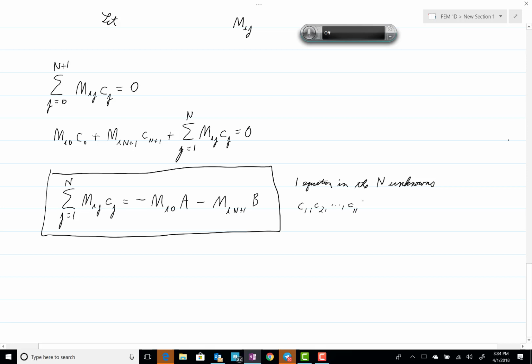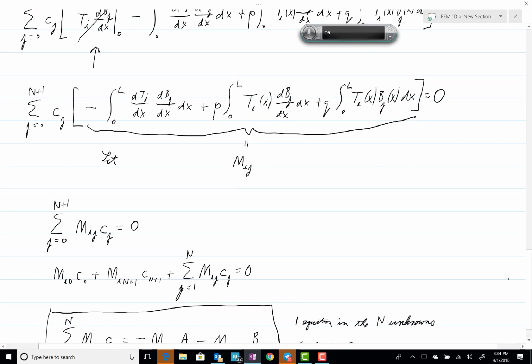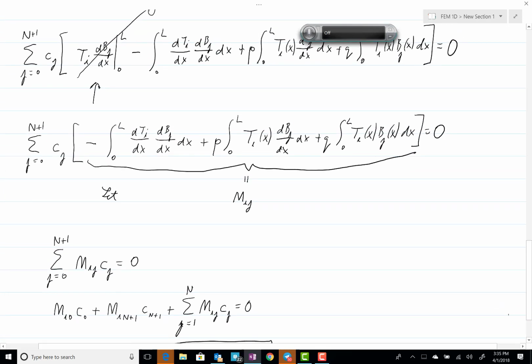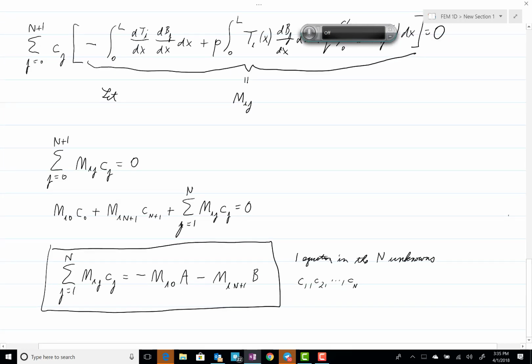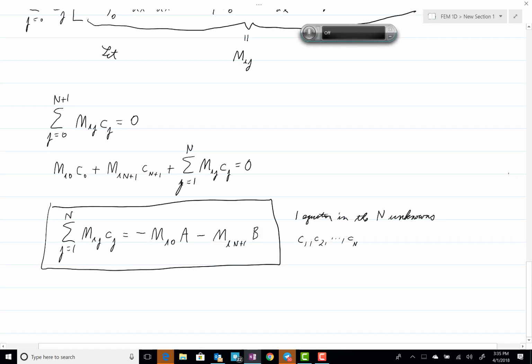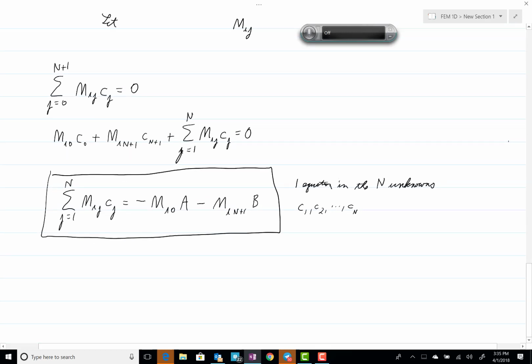Right here, this term in the brackets is the expression for Mij, and everything in there is known. I mean, you have to calculate it, but it's straightforward, maybe tedious, but straightforward to calculate. So the M's are not unknowns, and A and B are your boundary conditions, so they're not unknowns. The only things in this equation that are unknown are the values of Cj from 1 to n. So this is one equation in the n unknowns.